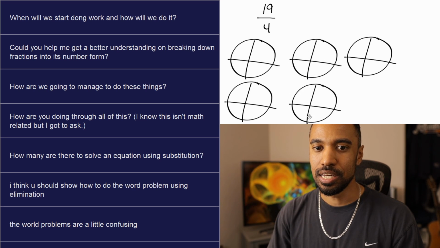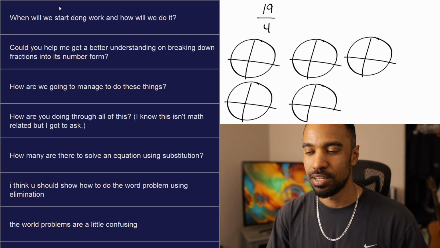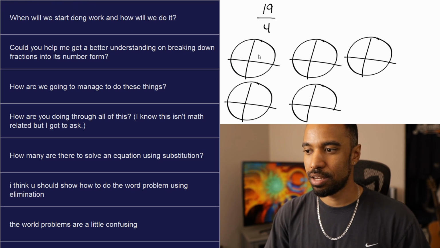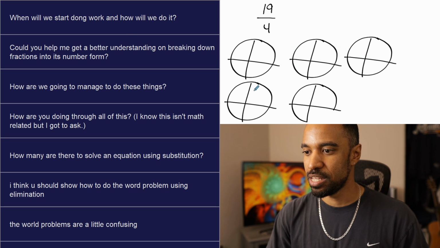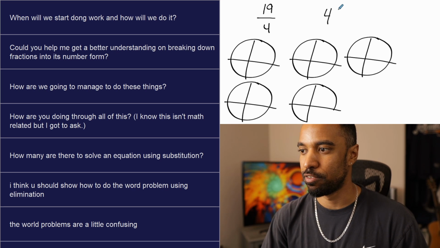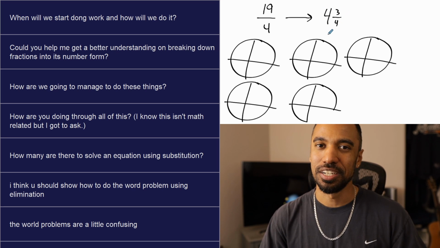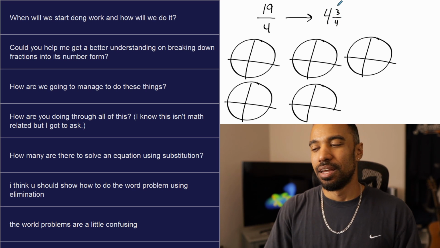You didn't eat 20 slices, so I'm going to erase one of these right here. You ate 19 slices. So how many pizzas did you eat? You ate 4 whole pizzas in total, and then you ate 3 more slices out of another whole. That's 4 3/4. So this is equivalent to that, from improper fraction to mixed number.